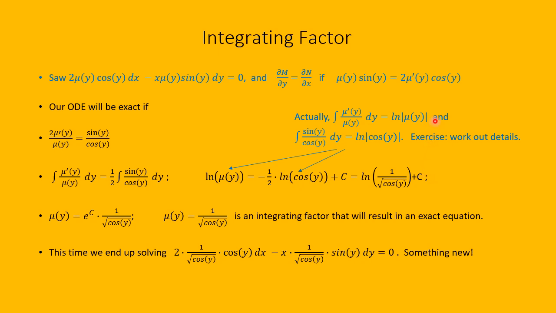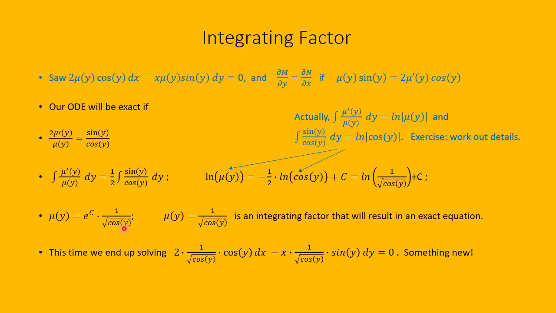Using these more general formulas, we have some extra cases to look at and some extra level curves to graph, but I'm not going to worry about that. If you're interested, you can work out the details. So anyhow, taking exponentials of both sides of this equation gives us that mu of y is equal to e to the c times 1 over the square root of cosine y.